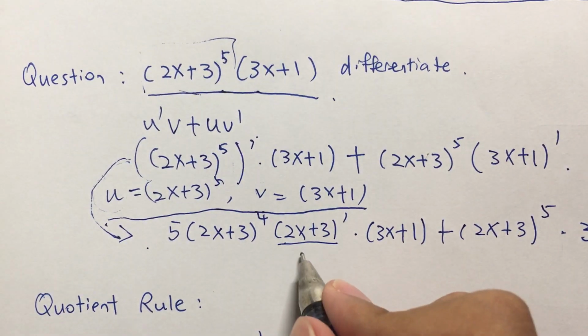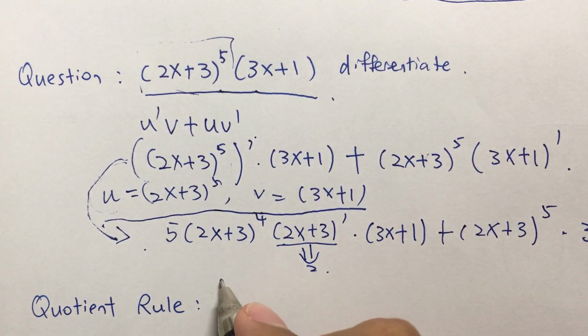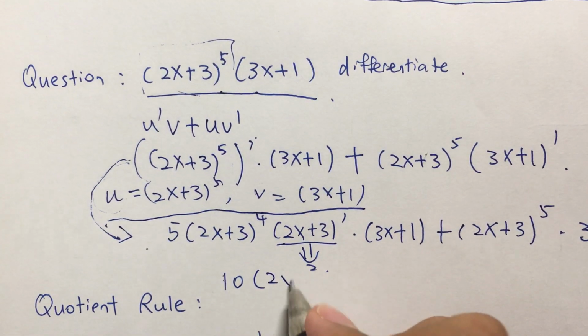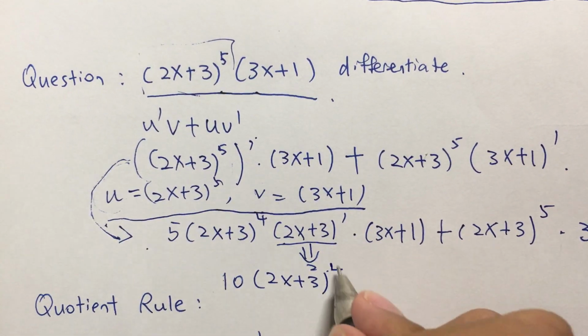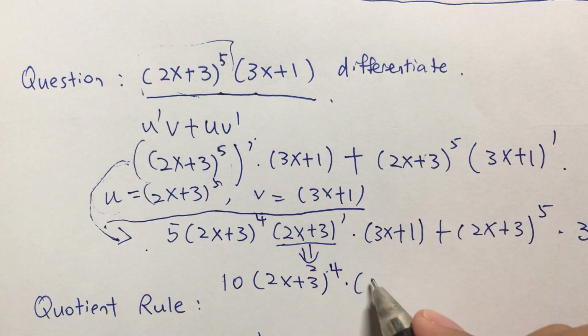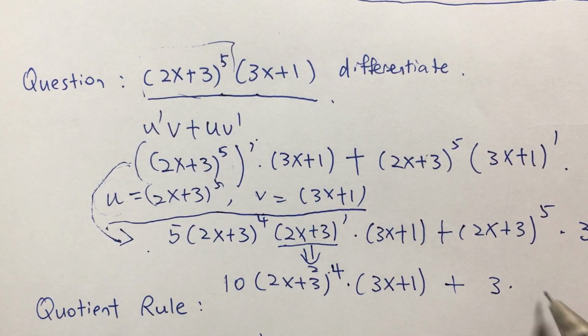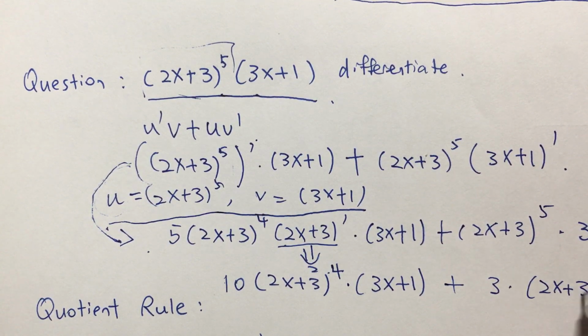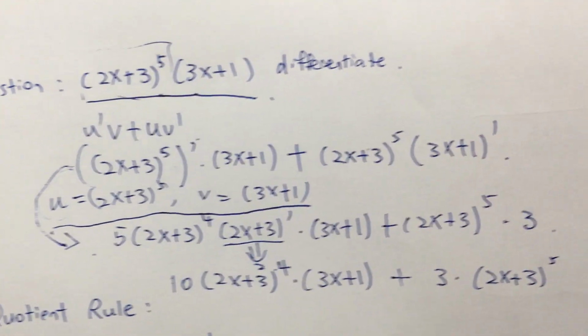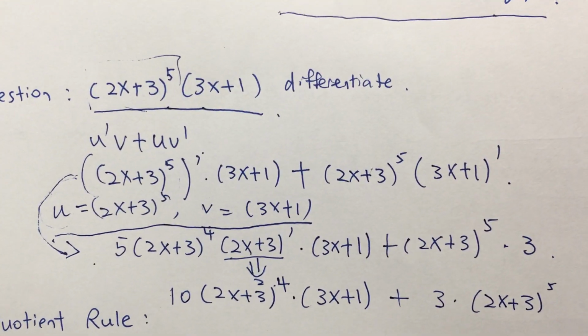And here this becomes 10 (2x plus 3) to the power of 4 times (3x plus 1) plus 3 times (2x plus 3) to the power of 5. And that is our answer.